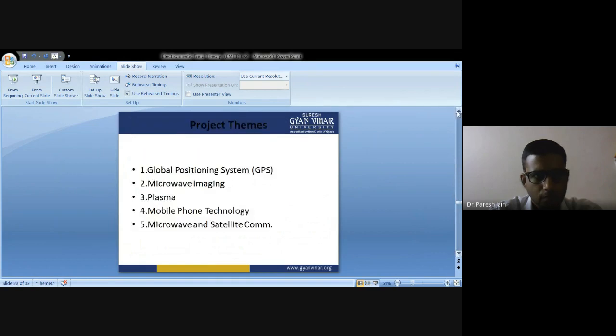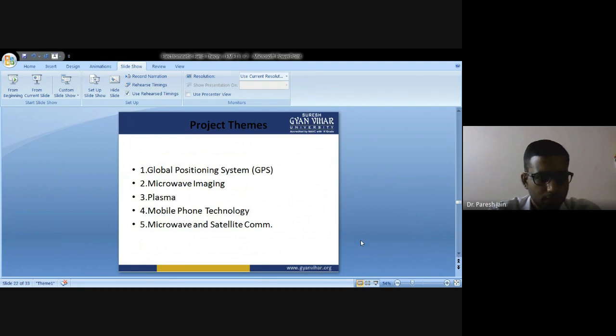We have some related projects regarding this. You can present or prepare a project on the global positioning system. Second, microwave imaging. Third field of the project is plasma.